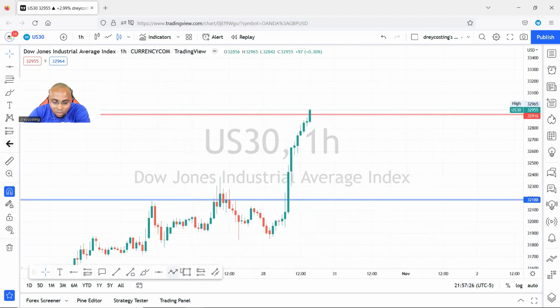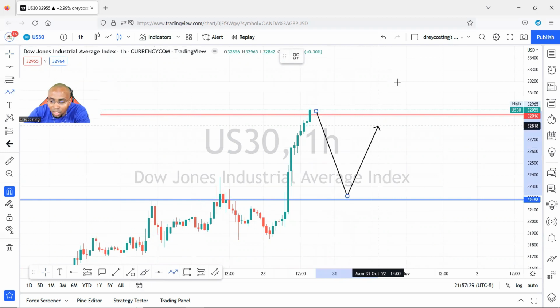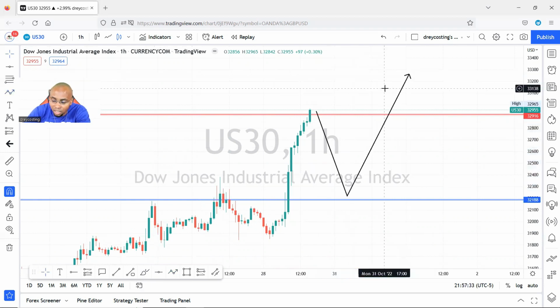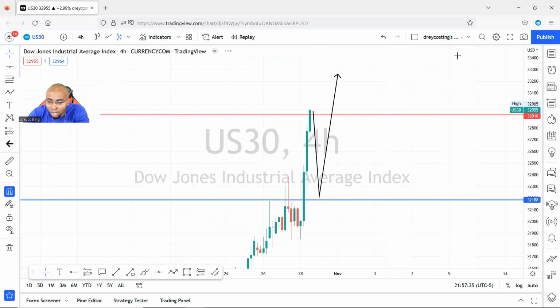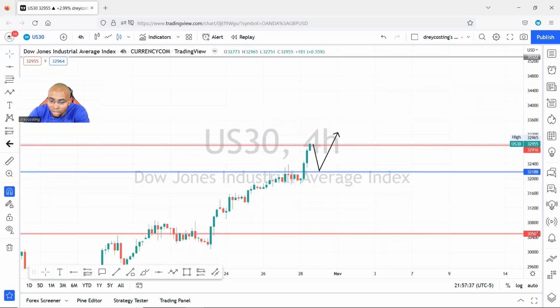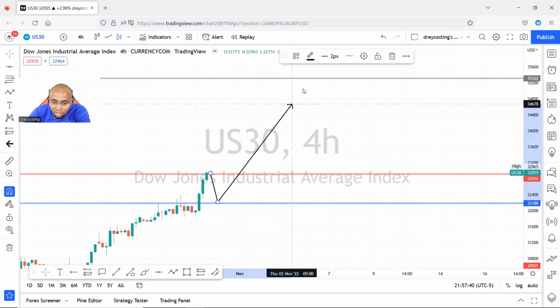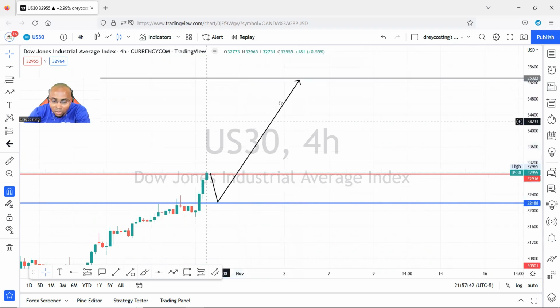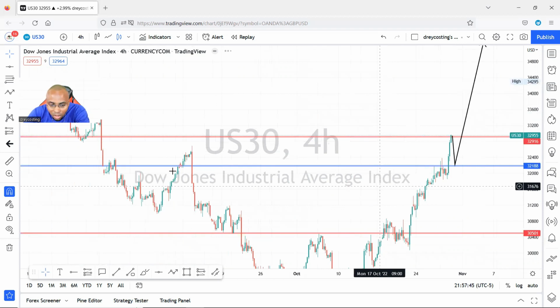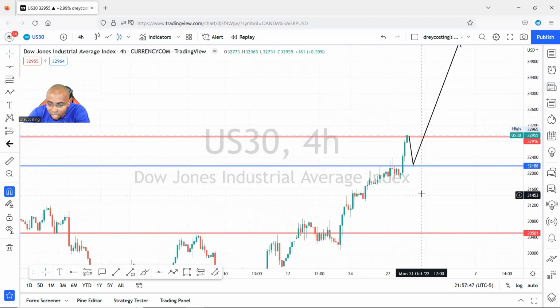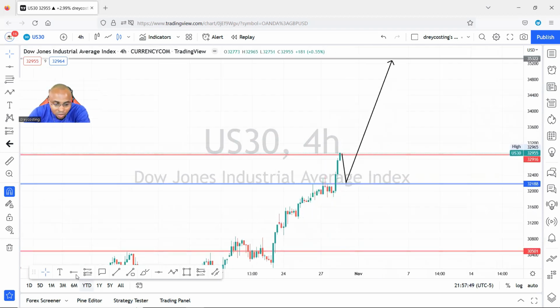So we can do something like this, back to here, and then continue up because price is in an uptrend. But you can also play the retracement coming down. You follow me?